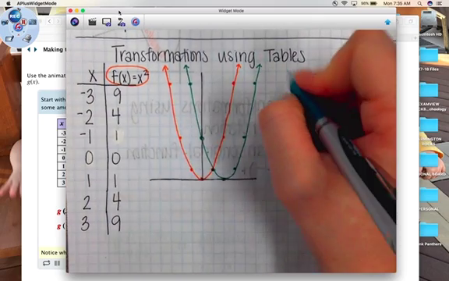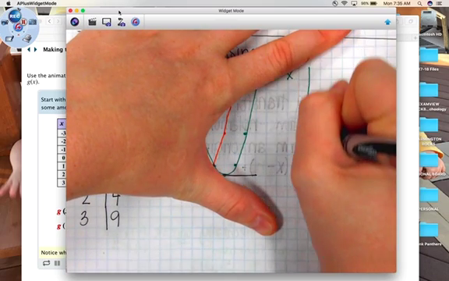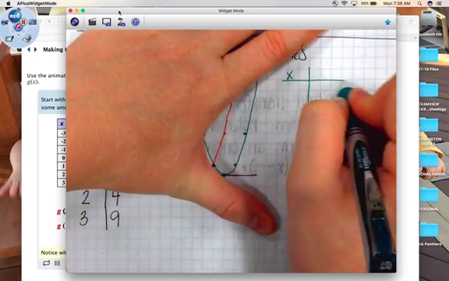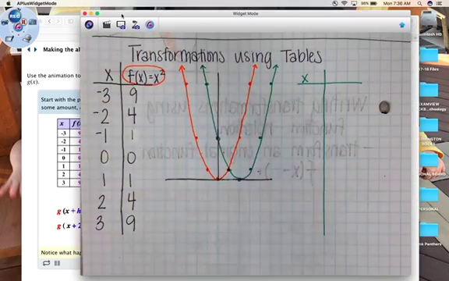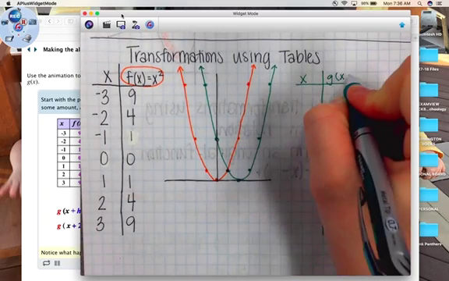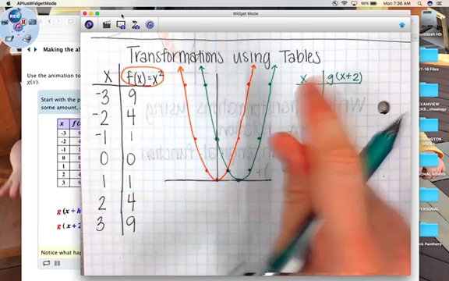So I would write my table as x and then g of x, plus 2. So my y values didn't change.